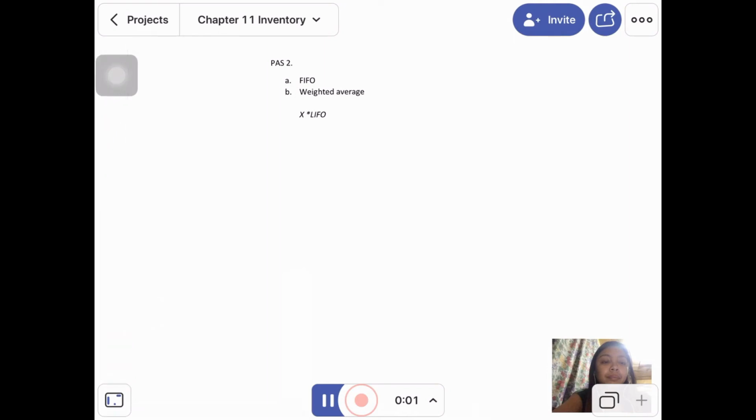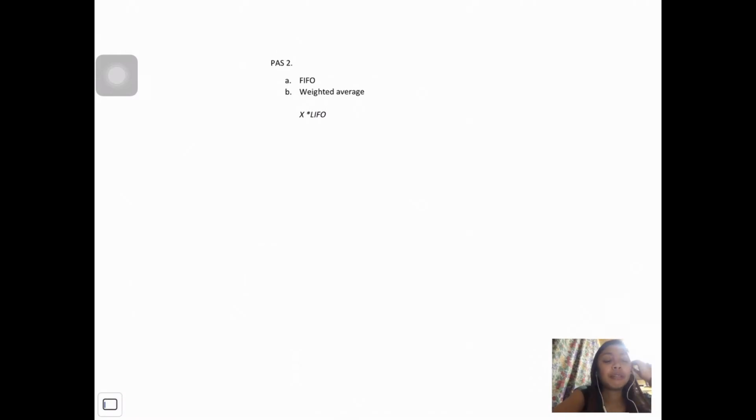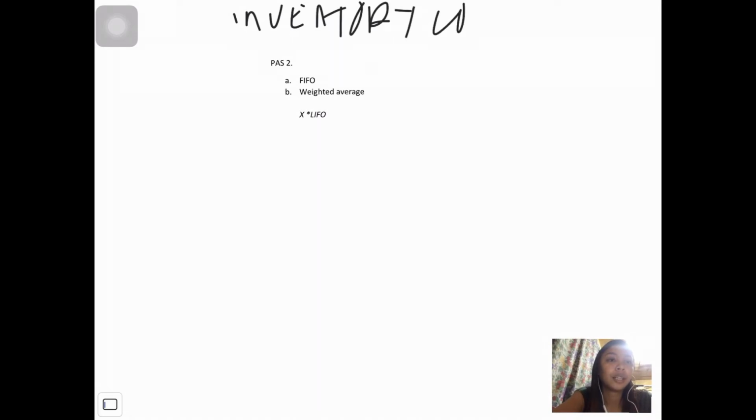So, good afternoon everyone. After we determine what our inventories are, now we determine the cost of the inventory. So, we are going to get the inventory cost flow.